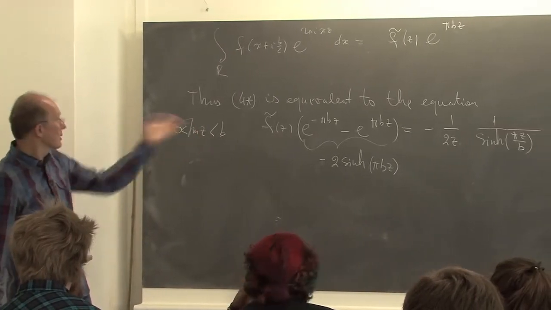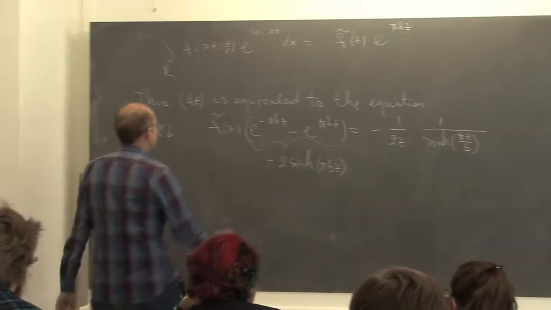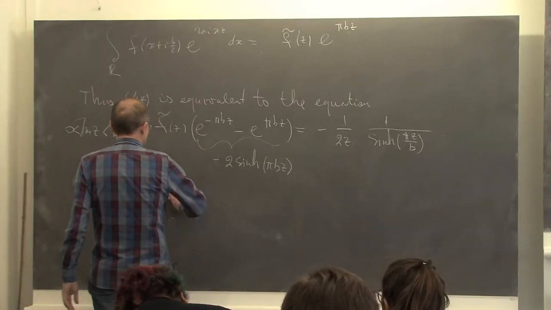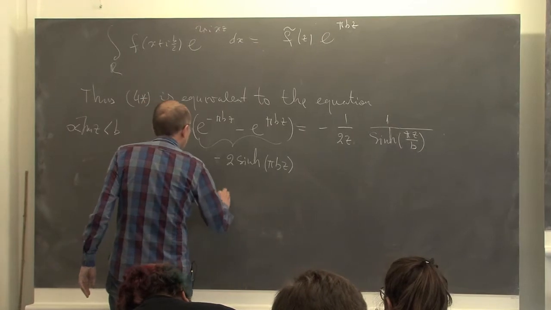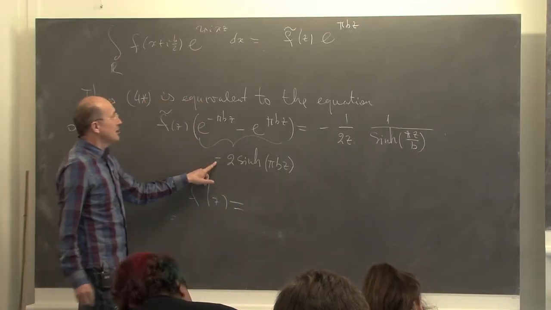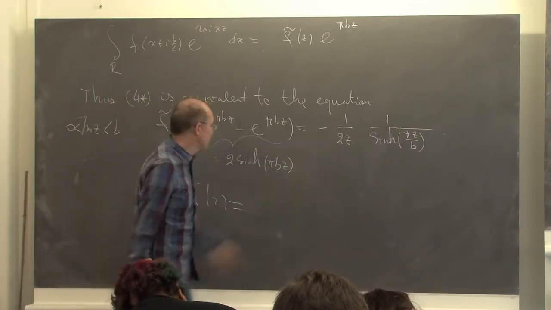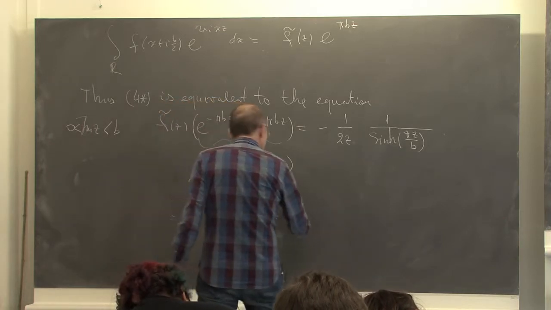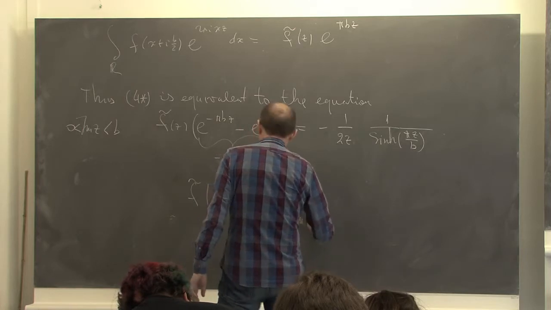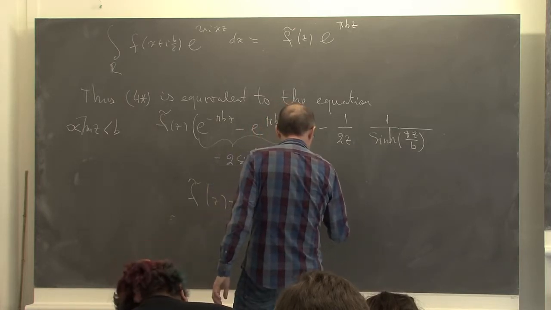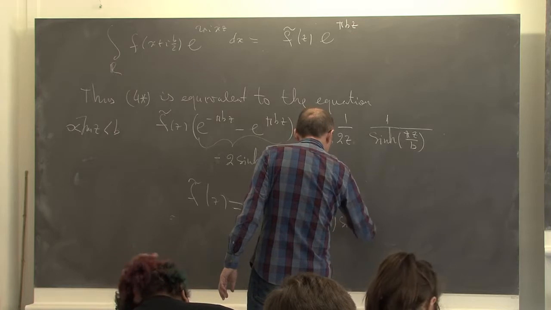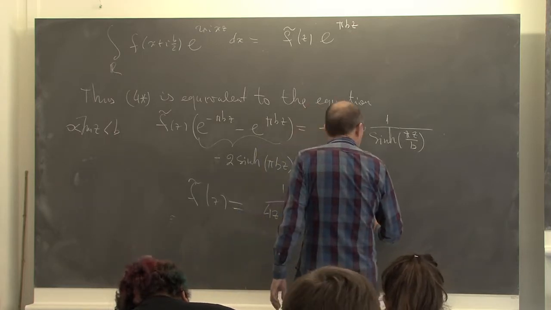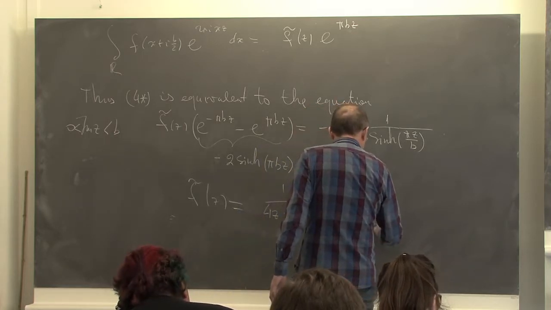So we can just solve it: f tilde of z equals, so this minus goes away, 1 over 4z sinh pi b z sinh pi z over b.